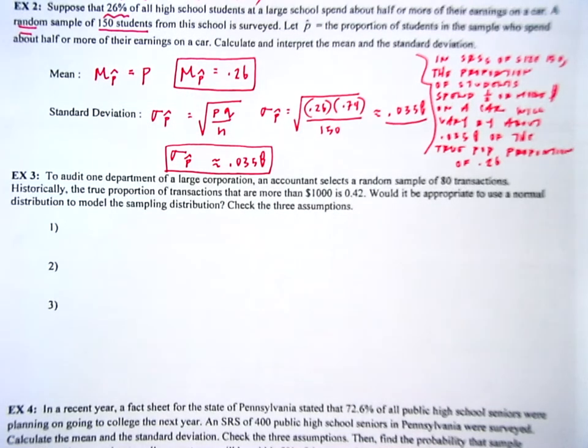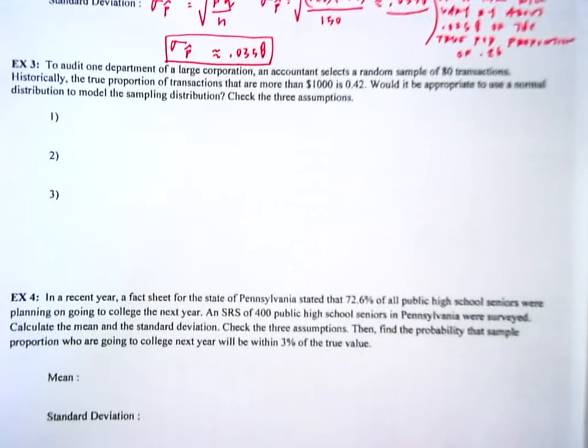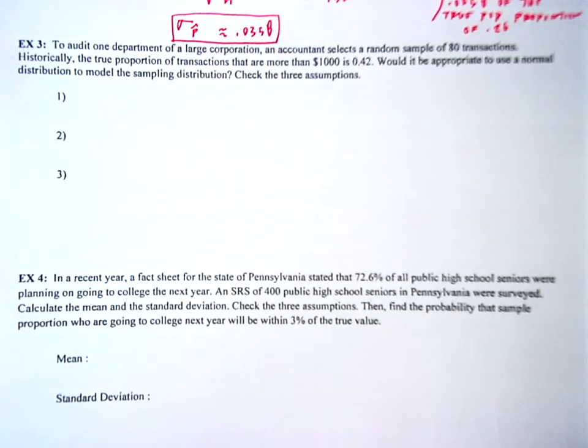To audit one department of a large corporation, an accountant selects a random sample of 80 transactions. Historically, the true proportion of transactions that are more than 1,000 is 0.42. Would it be appropriate to use a normal distribution to model the sampling distribution? Check the three assumptions. So here, just tracing back through it, it says the word random.